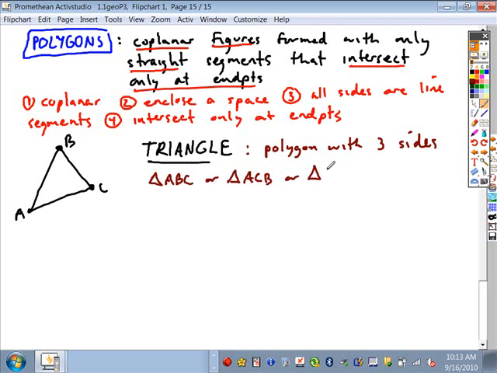We could start with point B and call it BAC, or triangle BCA. Or we could start with point C and go CAB, or even CBA. So these are all the different ways that you can name it. With a triangle, you can put a triangle symbol in front. If you just put A, B, and C, that would still represent triangle.